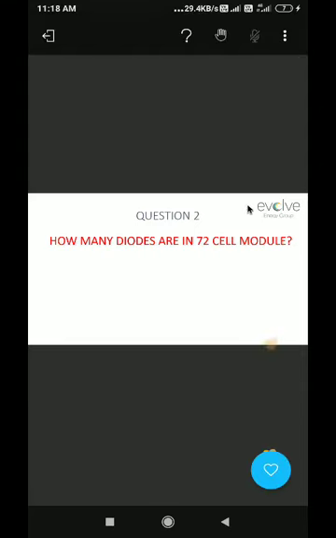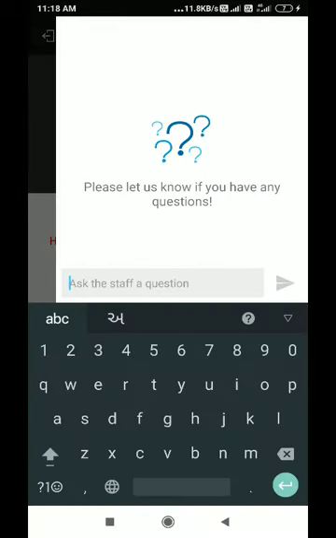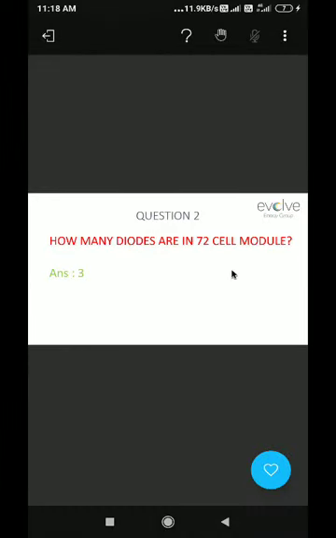Many answers are coming, and many answers are correct. It is 3, because it is a 12 cross 6 pattern. Most probably it's a 12 cross 6 pattern. The 6 columns will be divided into 2, 2, 2, and 3 diodes are placed in between them.